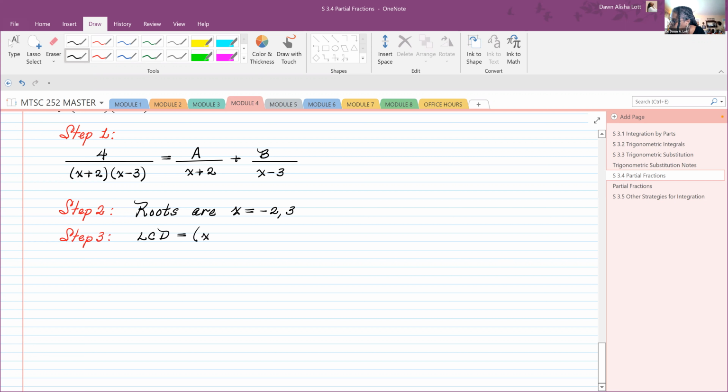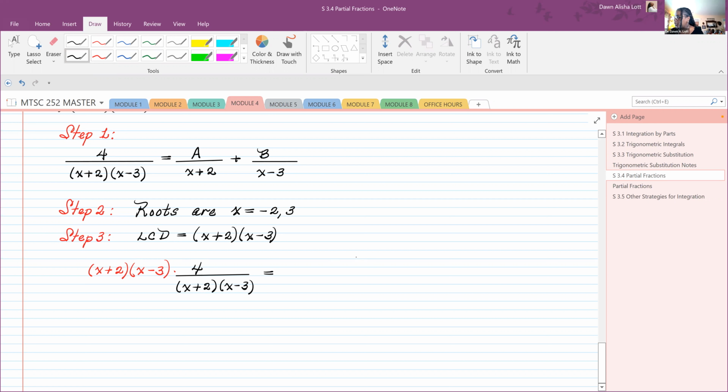Well, that's just x plus 2 times x minus 3. So we're going to take the left-hand side, x plus 2 times x minus 3, and multiply it by 4 over x plus 2 times x minus 3.